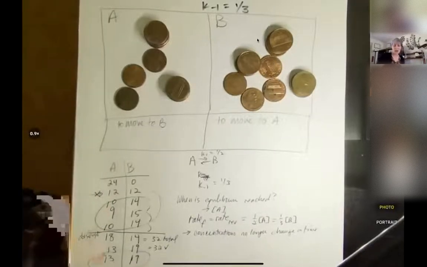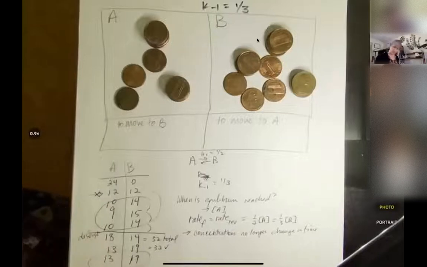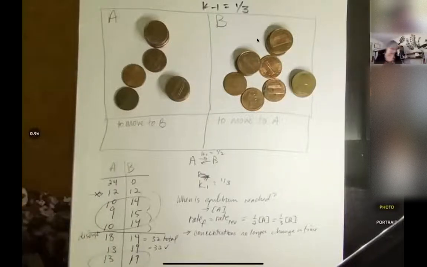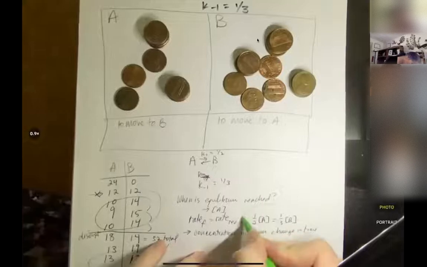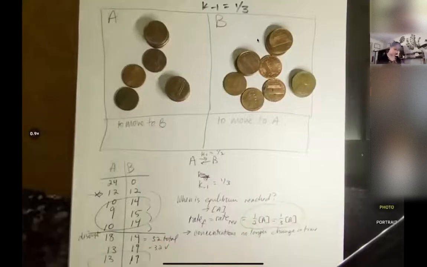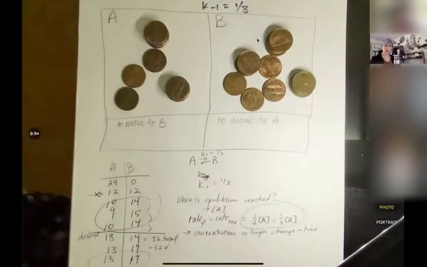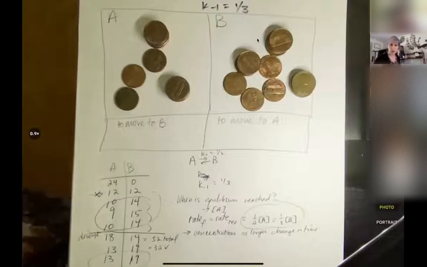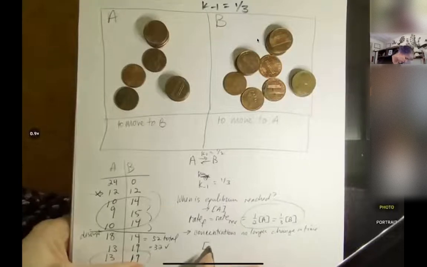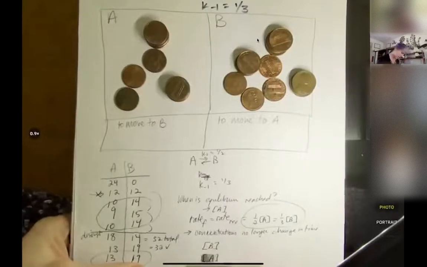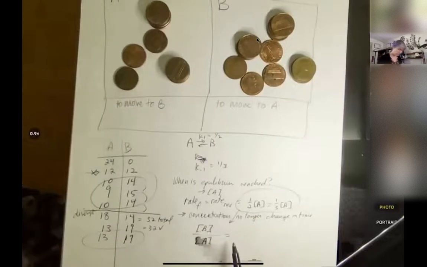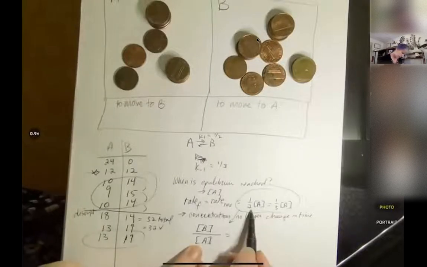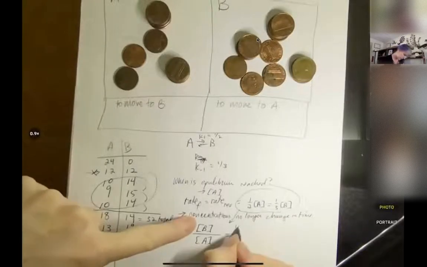What about the balance? How much A and B? Thinking about this equation here, we can think about the amount of products over the reactants, and that's how we're going to be characterizing equilibrium. What does that equal, rearranging this equation? Let's see, I've got B on top, so I've got 1/3 over here.